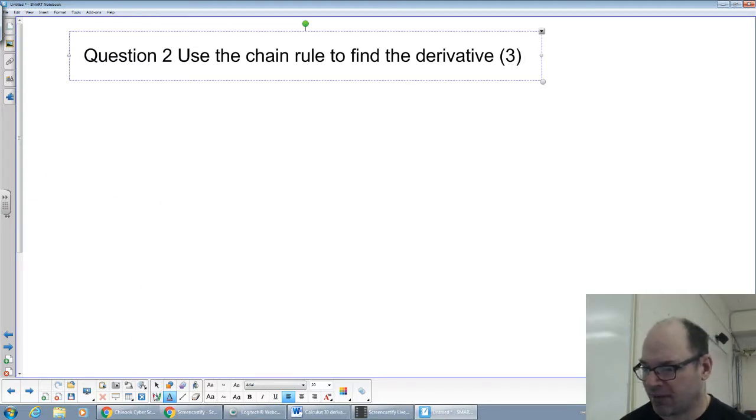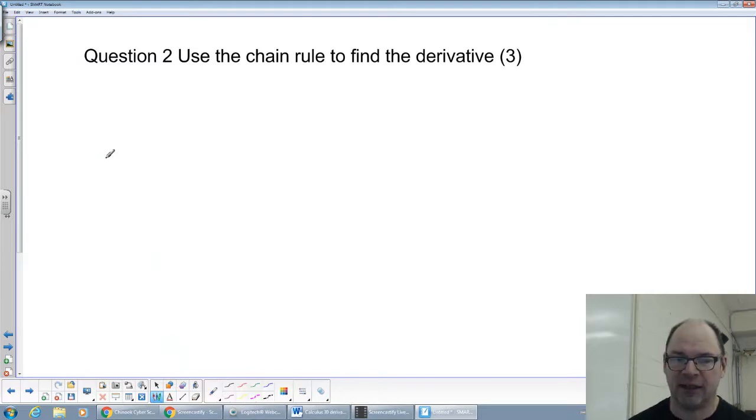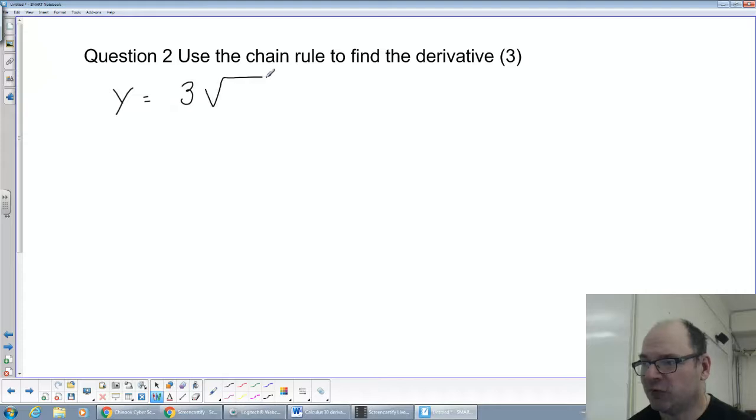It might be something like this. Let's say y equals 3 root 9x minus x squared plus 2x cubed.